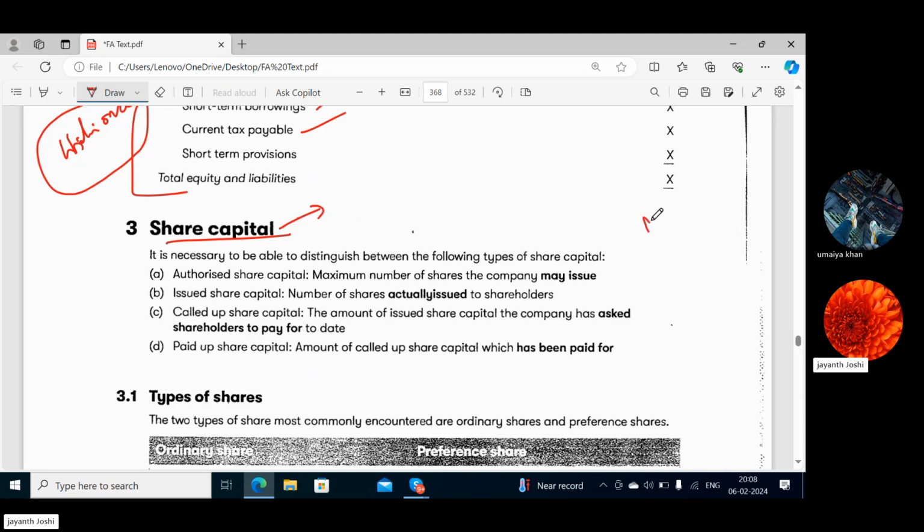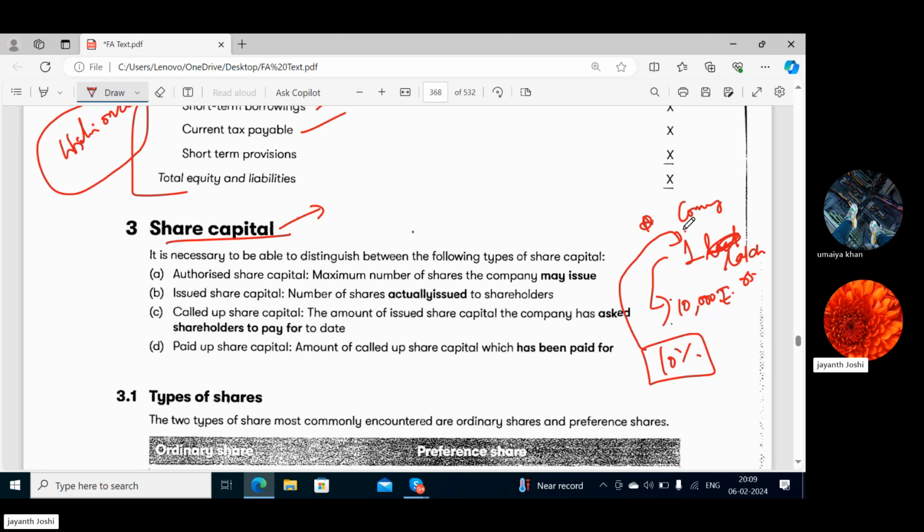Let's say this is a company with a capital of 1 lakh rupees, and there are 10 shareholders in this company. Each one has invested 10,000 rupees. So everyone owns 10% of this company. Every shareholder owns 10%, and that is the investors' share capital in this company.